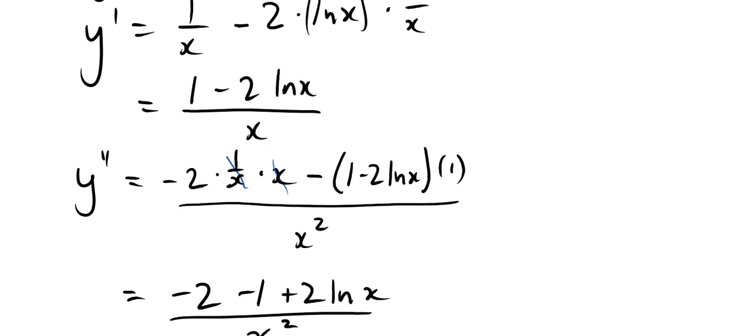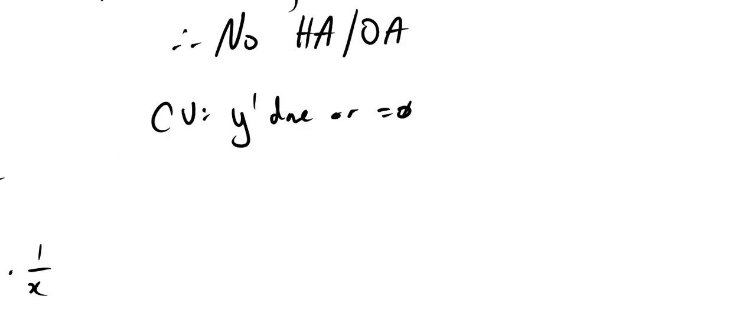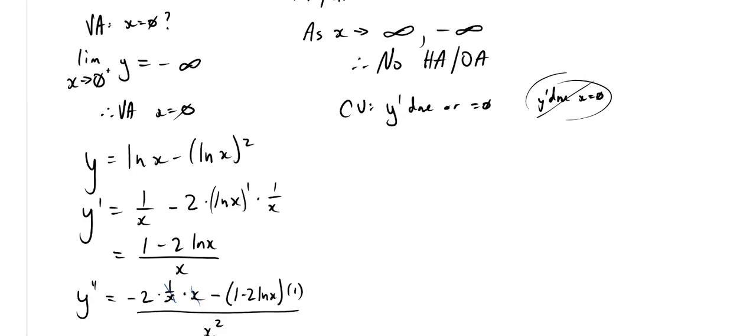You might state it just for yourself to remind yourself to always be checking. Okay, y prime does not exist when x equals 0, but the function doesn't either, so I don't really need to worry about it.